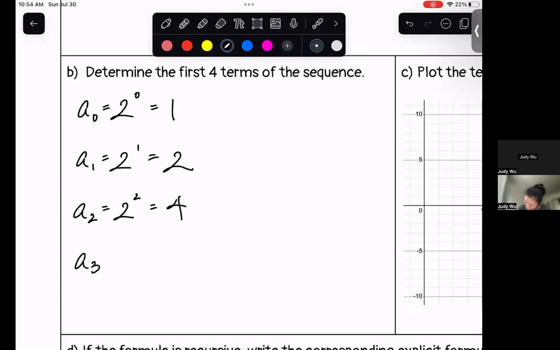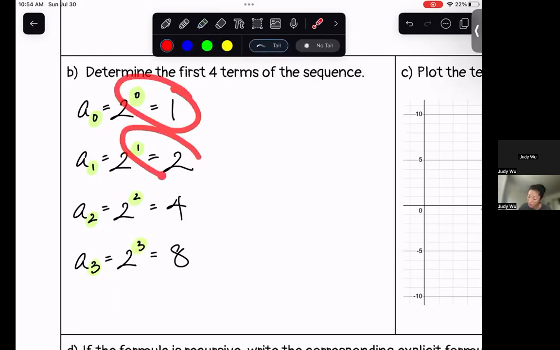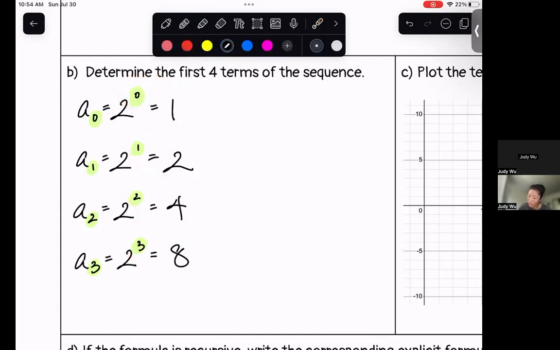And the 4th term is 2 to the 3rd, which is 8. Now, again, the 0th term, we plug in 0 for n. The first term, we plug in 1 for n. The second term, 2, and 3. So the pairs that we're going to plot are (0, 1), (1, 2), (2, 4), and (3, 8).